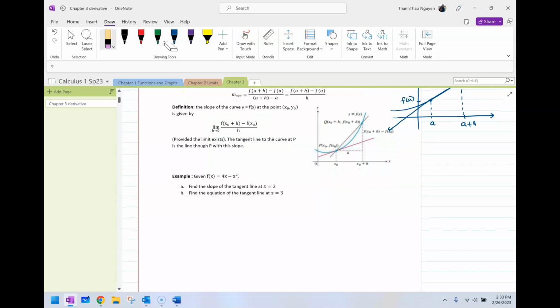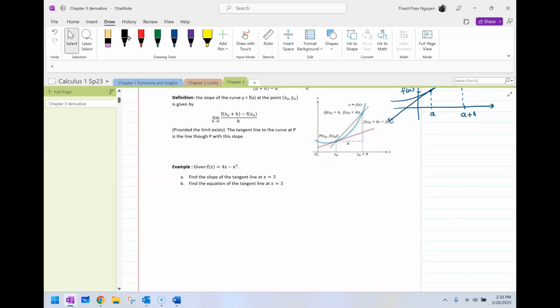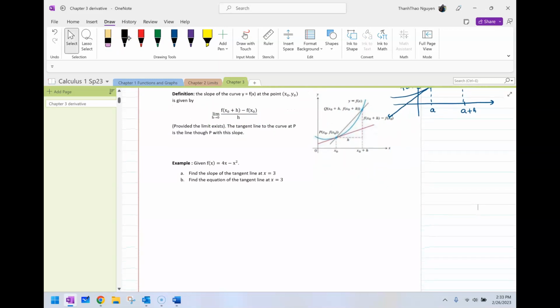providing that this limit exists. So let's take a look at an example. Find the slope of the tangent line at x equals 3.